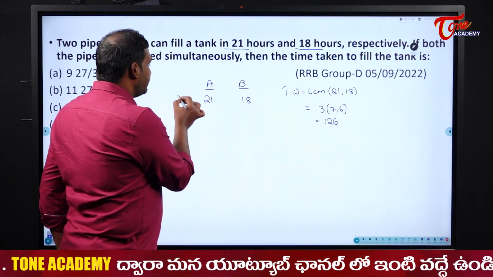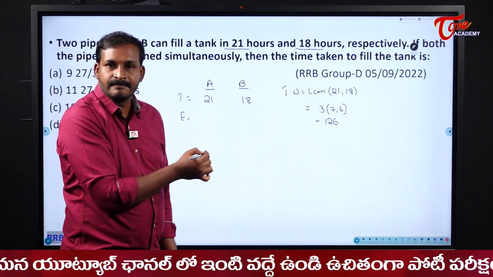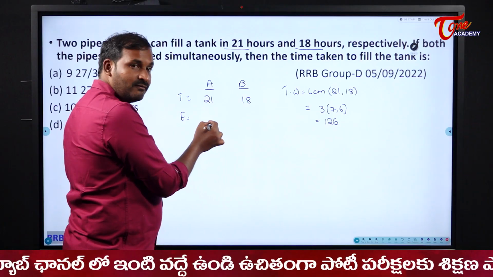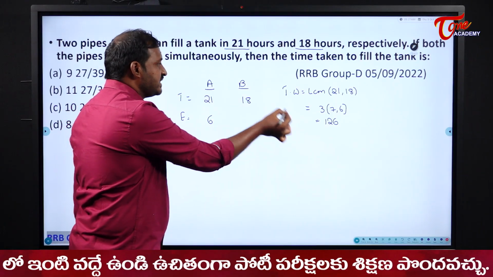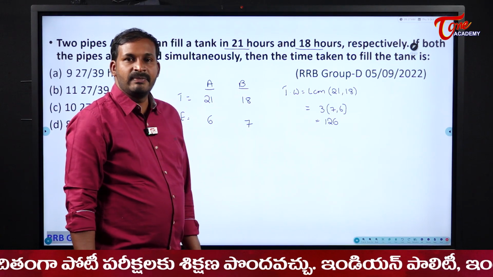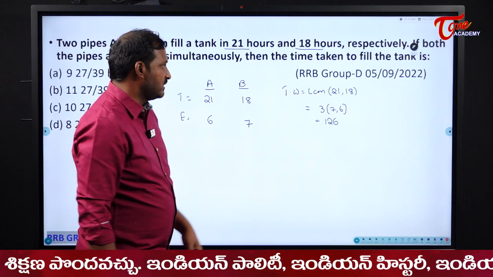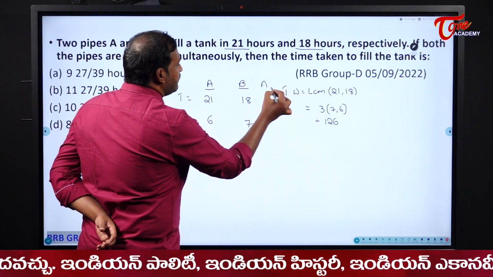Now when it comes to their efficiencies, A's efficiency will become what? 126 by 21 it will become what, students? 6. B's efficiency 126 by 18 it will become what? 7. These are their efficiencies and this is their total work. Now time taken to fill the tank by both the pipes.